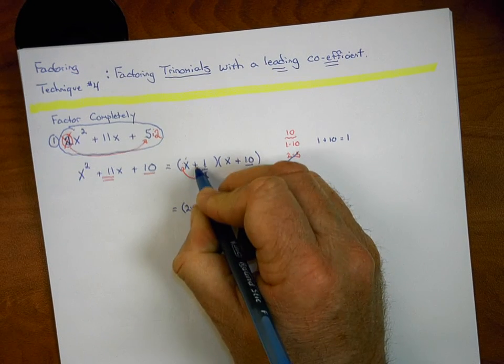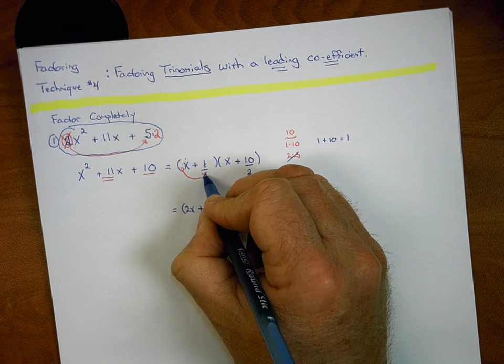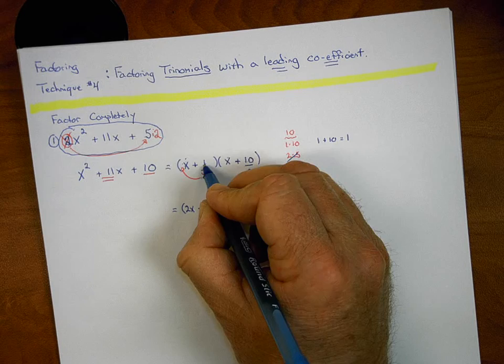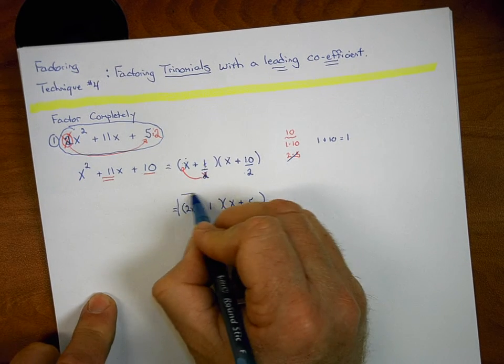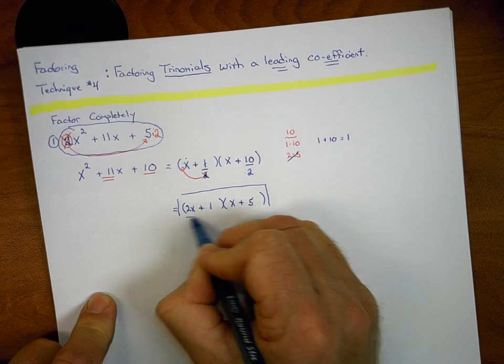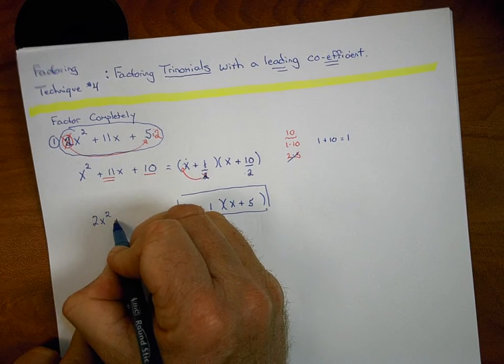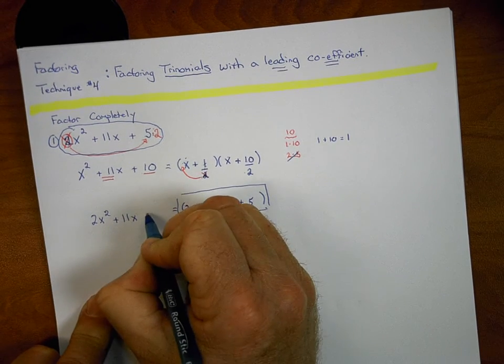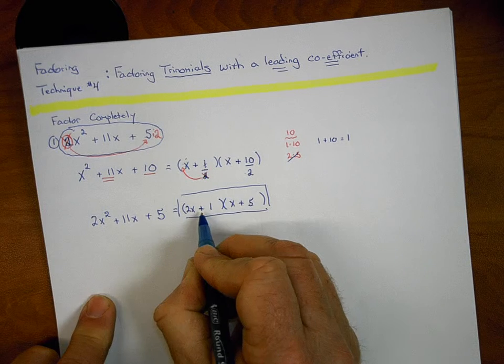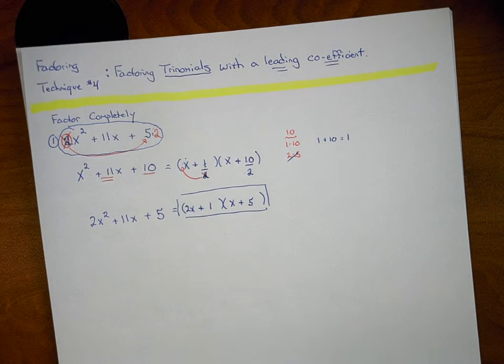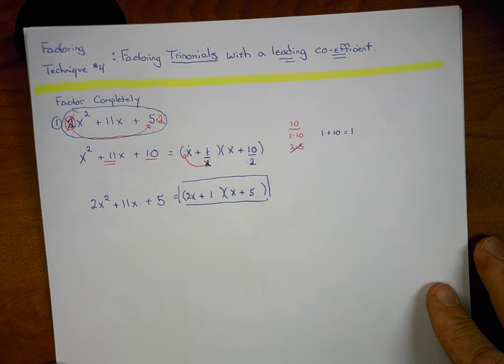We leave that. Why did I have to move the 2? Because the 2 does not divide in. This would be your factored form. So we get 2x squared plus 11x plus 5. When I factor that, that turns out to be 2x plus 1 and x plus 5.